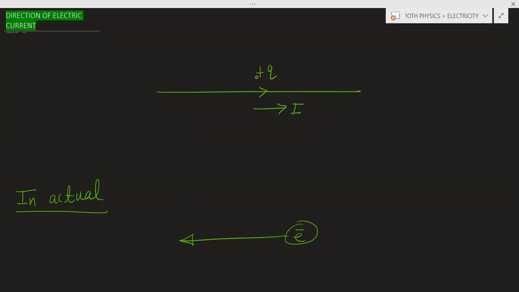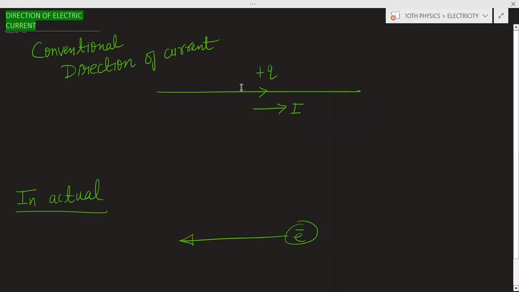So this is the conventional direction of current. If the positive charge is moving in this direction, then the current will flow in this direction.